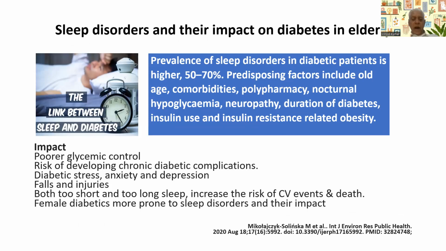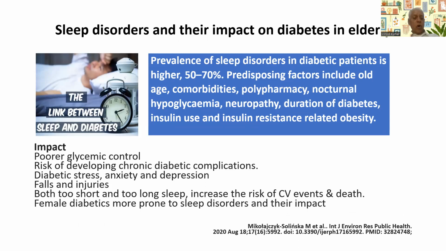Many older people are unable to sleep properly, and among diabetic patients there is a 50 to 70% prevalence. Predisposing factors include old age, comorbidities, polypharmacy, nocturnal hypoglycemia, neuropathy, duration of diabetes, insulin use, and insulin resistance related obesity.